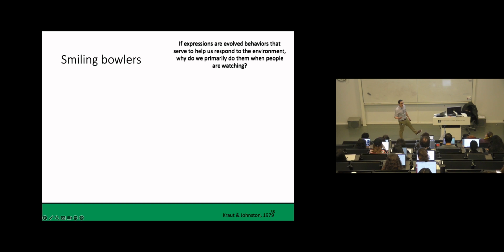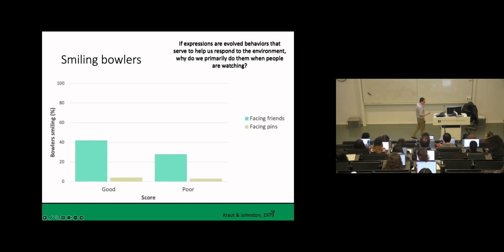Perhaps unsurprisingly, if people did better, they smiled. But what was interesting about this study is that people didn't really smile if they were facing the pins. They didn't really smile until they turned around and looked at their friends. Right? So if these are innate biological responses, it's curious that they would happen specifically when we're looking at other people.